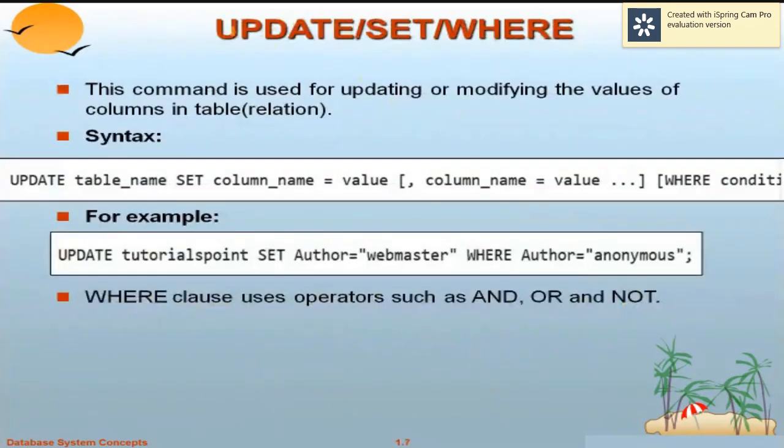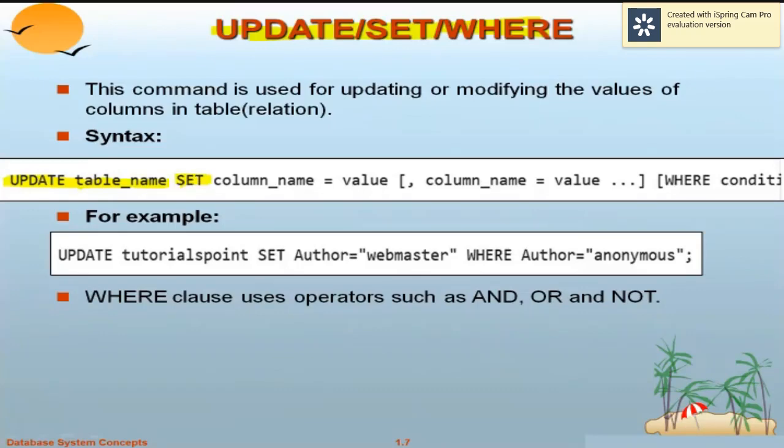And then next is update, set, where condition. The command itself says update set where. This is used to update the values in the domains. So how to update or modify the values in the columns? Let's get into the syntax directly. Update is a command name followed by the table name and then you mention set.